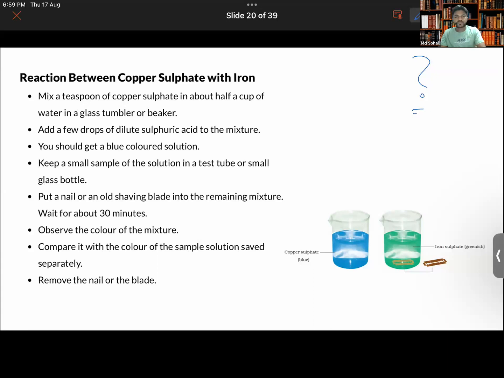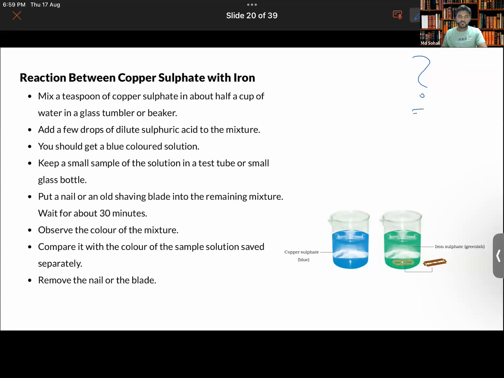And then the color will change to blue. And then we have to add an iron nail. Okay. And then after a few hours, the color will change to green due to the iron sulfate. Okay. Stop there.